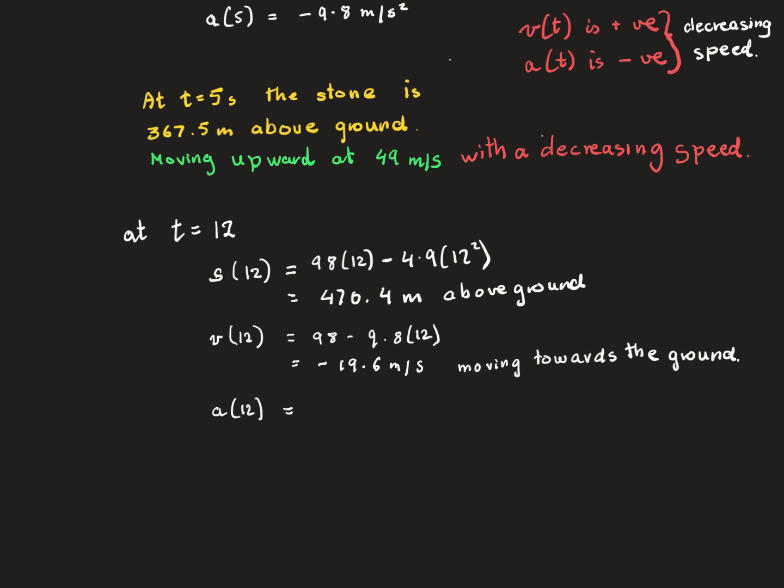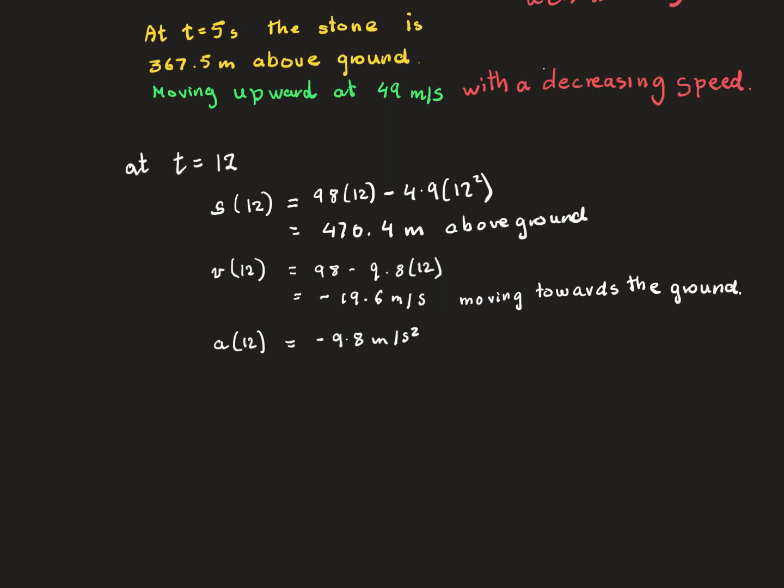It will be negative 9.8 meters per second squared. And since you can see that the velocity at 12 seconds is negative, and the acceleration at 12 seconds is also negative, we conclude that the speed is increasing.